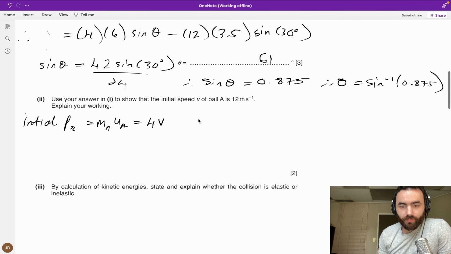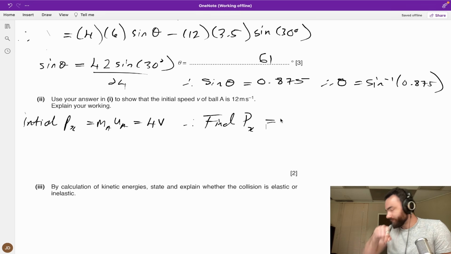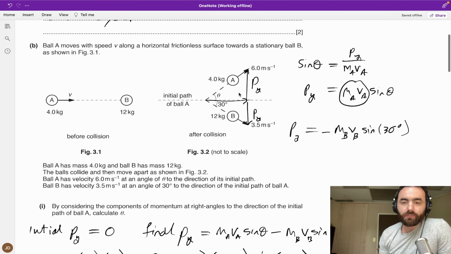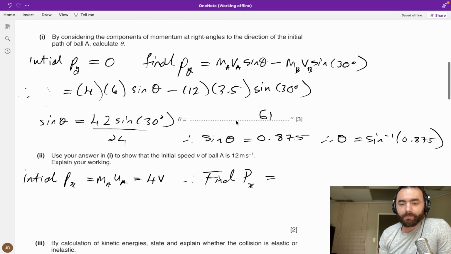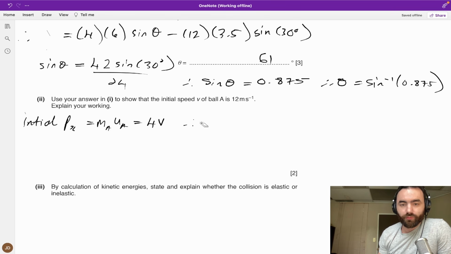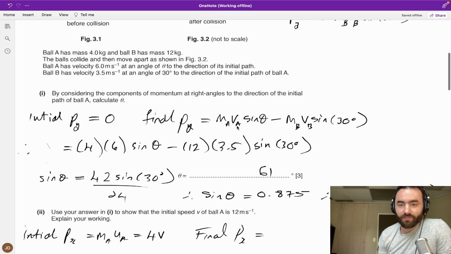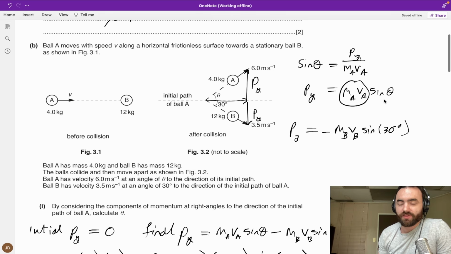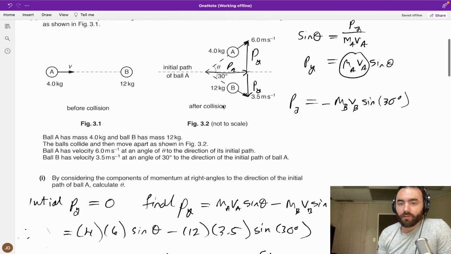And remember, this is going to be equal to the final momentum in the x direction. Well, it's the same thing that we did here, but instead of sines, it's now going to be cosines, because we're looking at the x components of these A and B momentums.